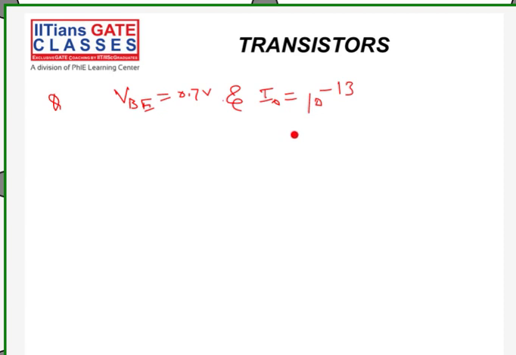It is at room temperature, 300 Kelvin. What do they want? The current I.